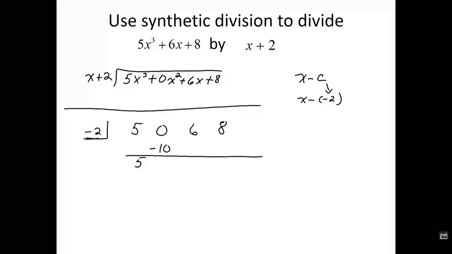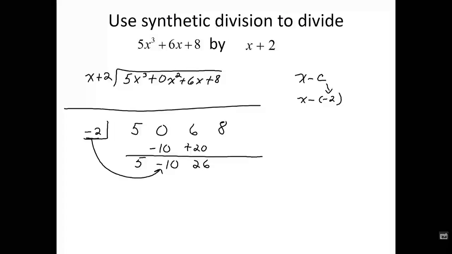Now we add. A negative 10 plus 0 is a negative 10. Now we multiply c, which is a negative 2, by a negative 10. A negative 2 times a negative 10 is a positive 20. A positive 20 plus 6 is 26.